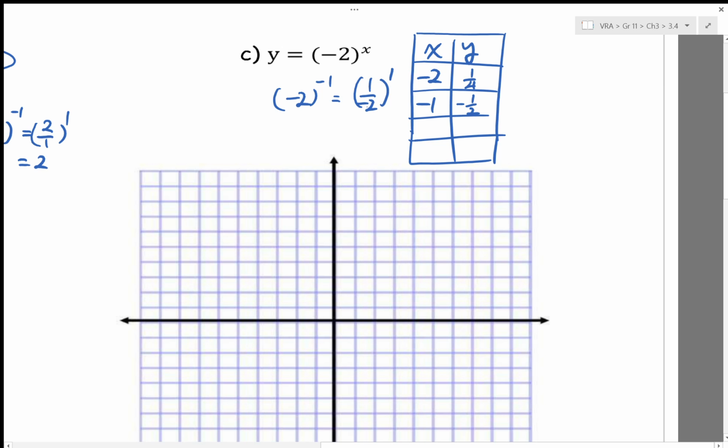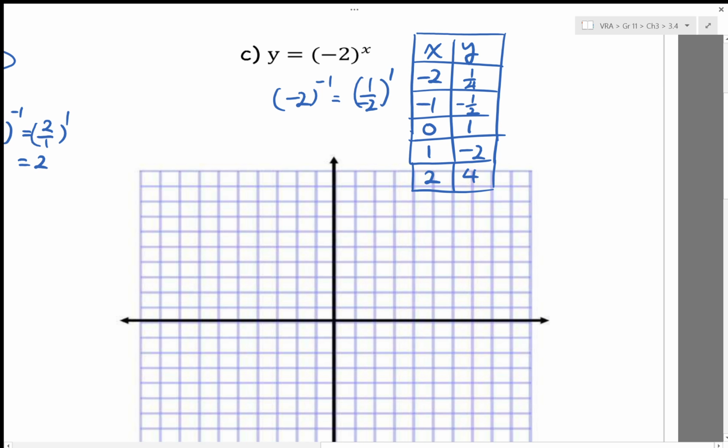So it should be negative 1 over 2. 0 gives me 1, 1 gives me negative 2. And then if I have 2, it becomes 4, right? Because negative 2 to the power of 2, which is a square, gives me 4.